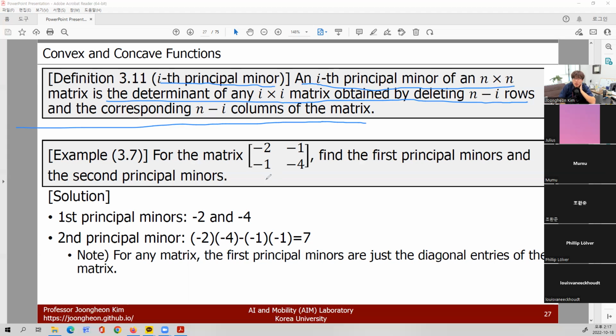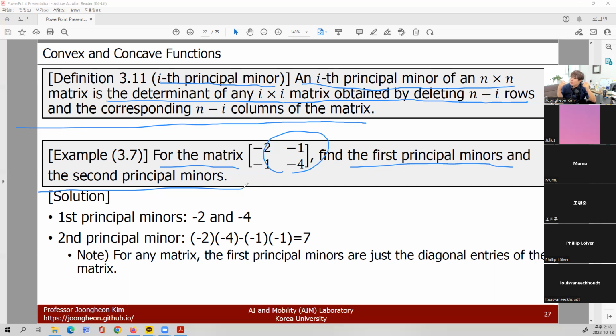So here, for the given matrix, we are finding the first principal minors and the second principal minors. When you have a 2 by 2 matrix, you can find the first principal minor and second principal minor. When you have a 3 by 3 matrix, you can find the first, second, and third principal minor. When you have a 4 by 4 matrix, you can find the first, second, third, and fourth principal minor, and so forth.